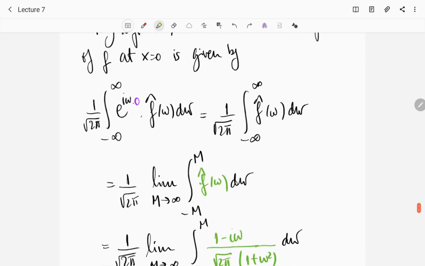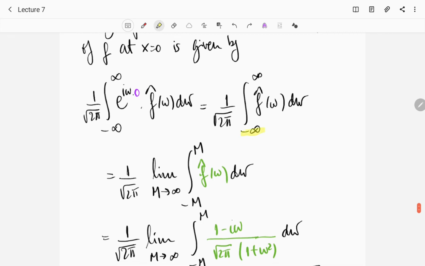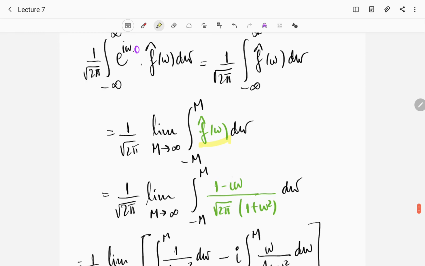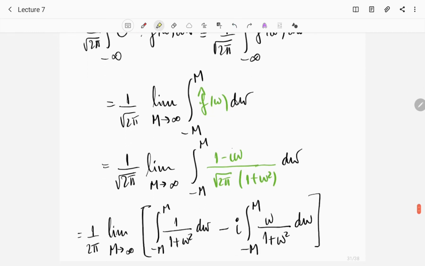Remember, this improper integral just means this limit as m goes to infinity, where we consider this proper integral from -m to m of our inverse Fourier transform of f, which we found is this guy here.